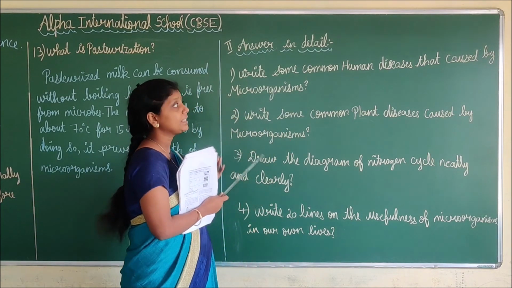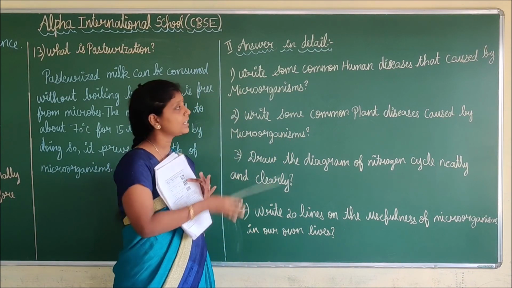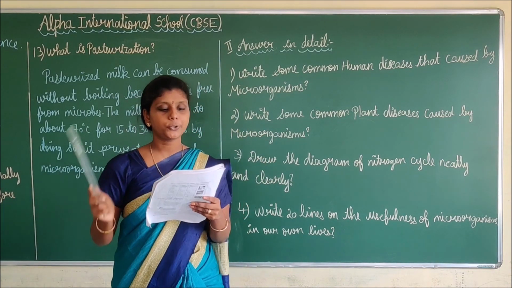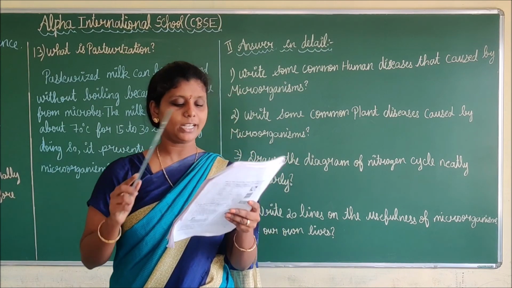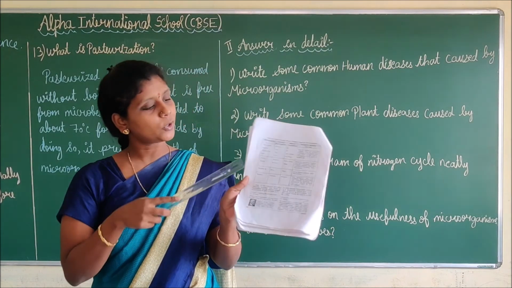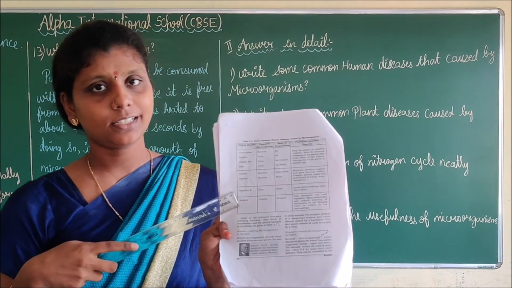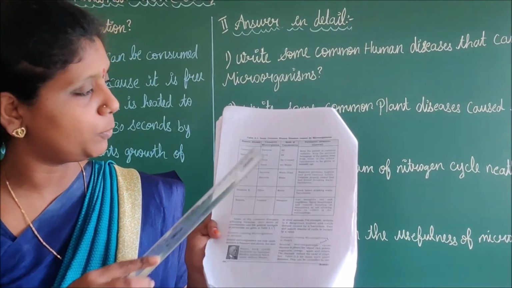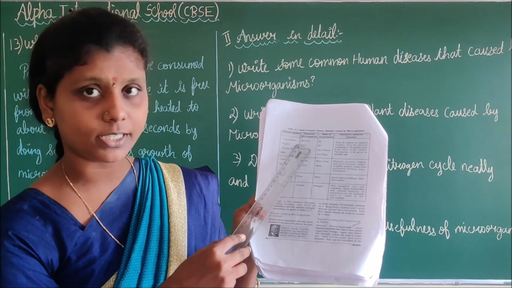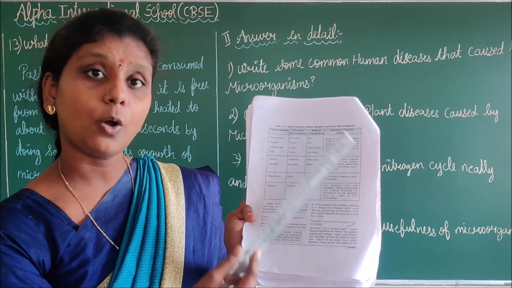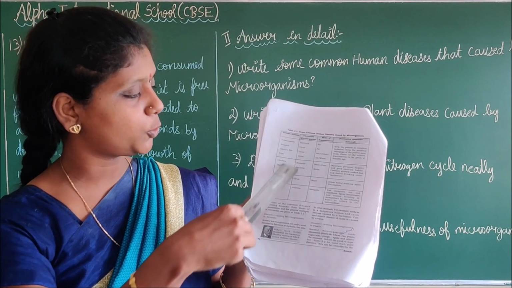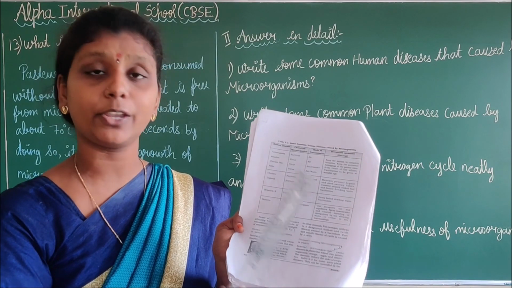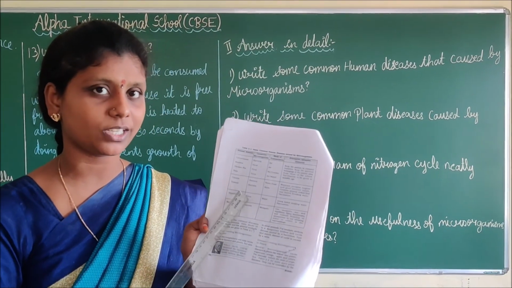For that, you should write the human disease, for example on page number 24. Is it visible to you? You should write the human disease tuberculosis, caused by bacteria. How does it spread? Through air. Likewise, you should write all these and the preventive measures. Then only they will give full marks. Do you understand the first question?